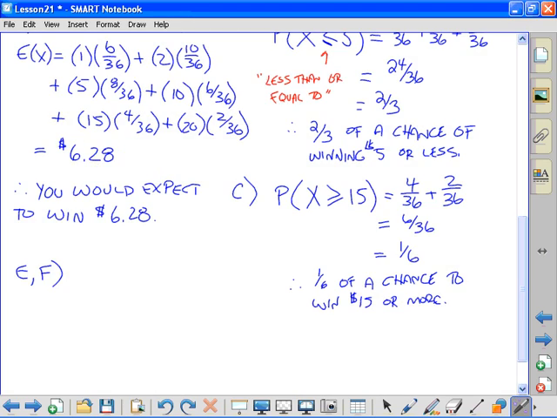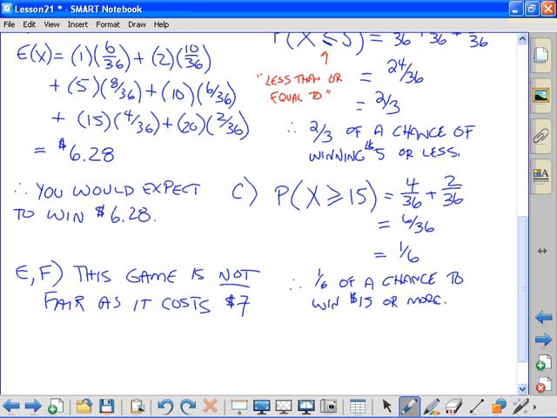So this game is not fair, as it costs $7 to play, and I can expect to win $6.28.